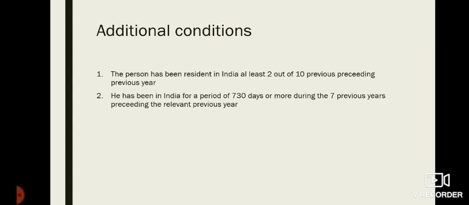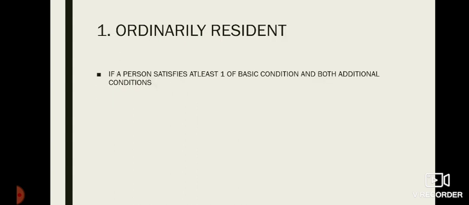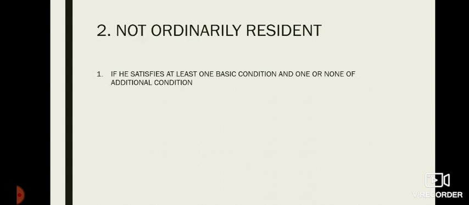We have also revised the basic conditions, and based on checking the basic and additional conditions, we conclude a person is either ordinarily resident, not ordinarily resident, or non-resident. A person is ordinarily resident if he fulfills one basic condition and both the additional conditions. One basic, 2 additional is ordinarily resident.